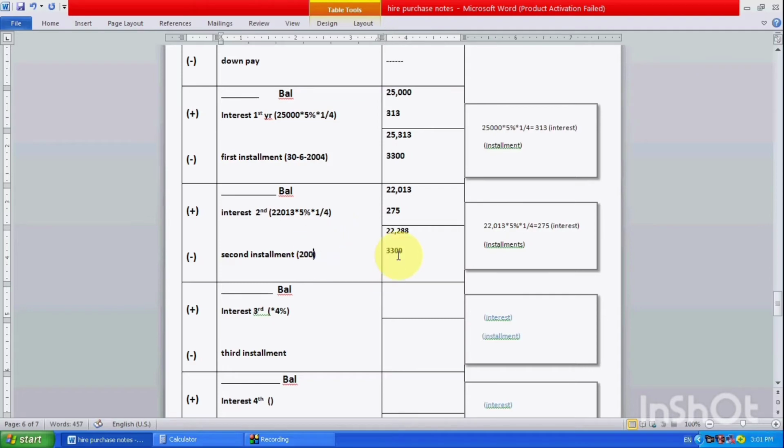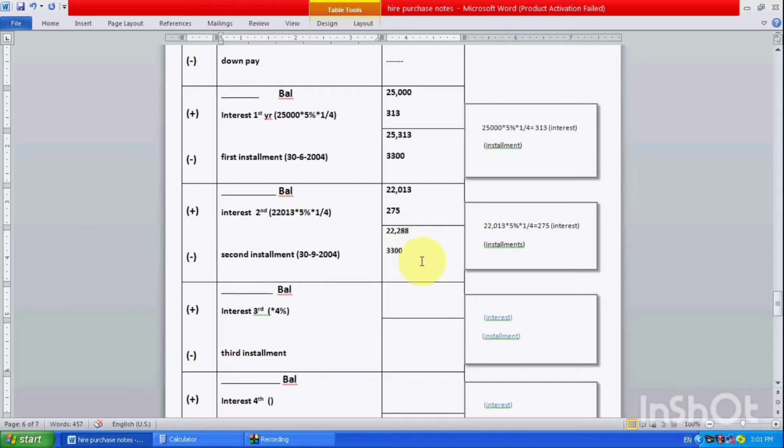So let's change the date. 30 June, so the next 3 months is 30 September 2004.